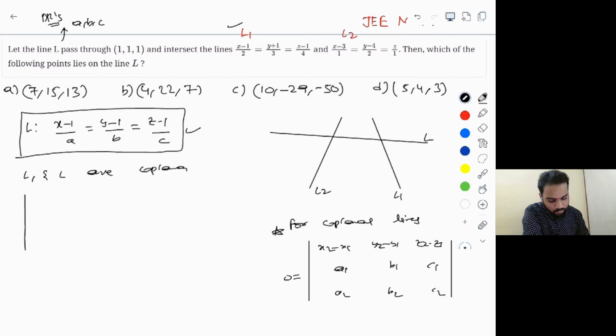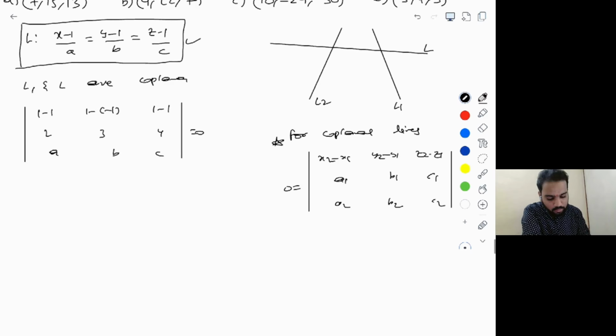It will be det of x2 minus x1, which is 1 minus 1, which is 0, and y2 minus y1 will be 1 minus of minus 1, and then z2 minus z1 will be 1 minus 1. And then the DRs of the first line, that is 2, 3, 4, and the DRs of the second line a, b, c. And this det value must be equal to 0.